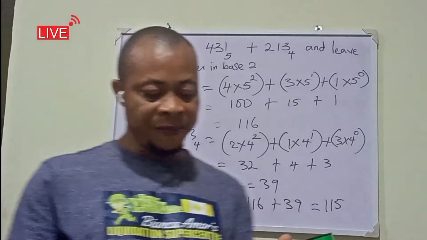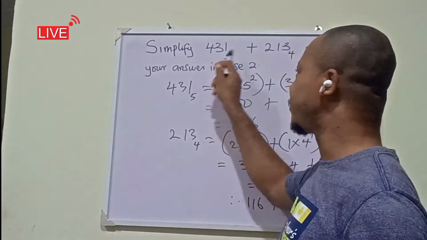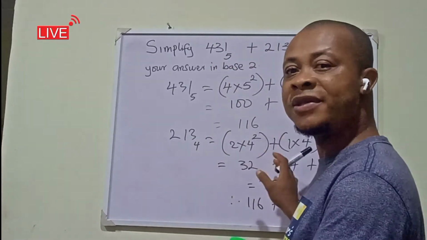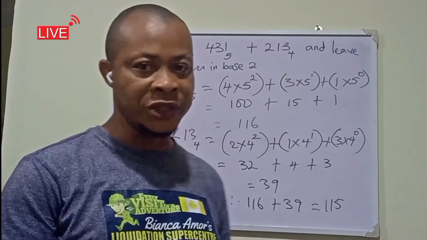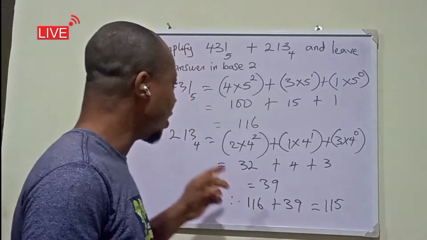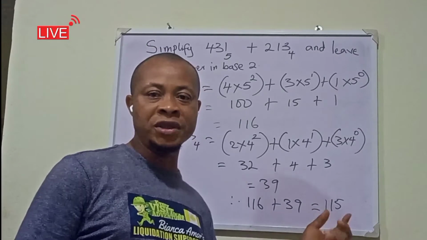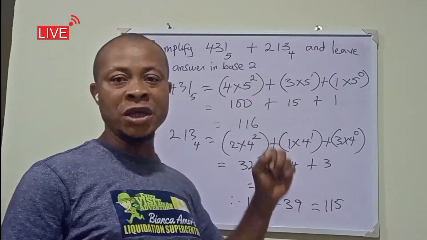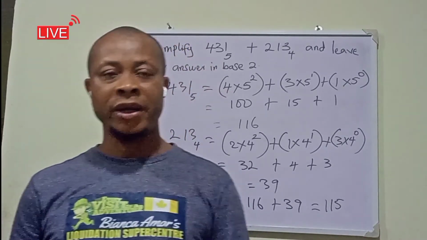Okay, so we've been able to convert base 5 and base 4 to base 10, and we've also been able to add up the sum, and the sum we have is 115. The next thing we are going to do is to convert this 115 to a base 2 number. Remember, base 2 is otherwise called binary.